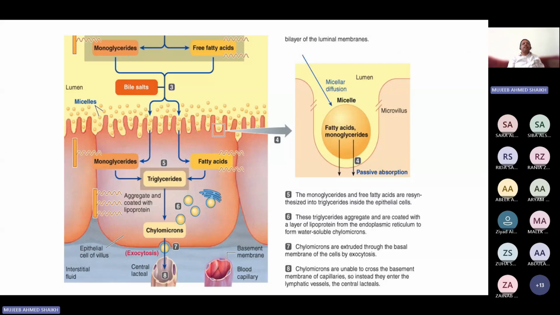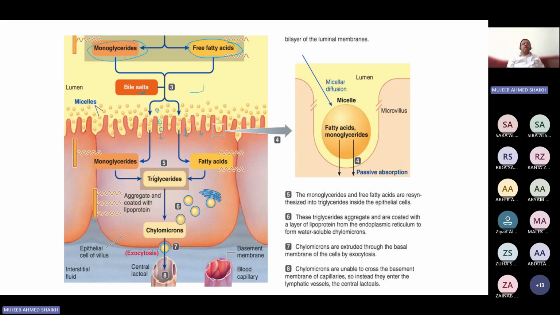Now in the small intestine, you have monoglyceride and free fatty acid. They both combine to make it absorbable. This is micellar formation. Monoglyceride along with free fatty acids and the bile salts become micelles, or small particles. These small particles can easily go into the lipid soluble membrane.